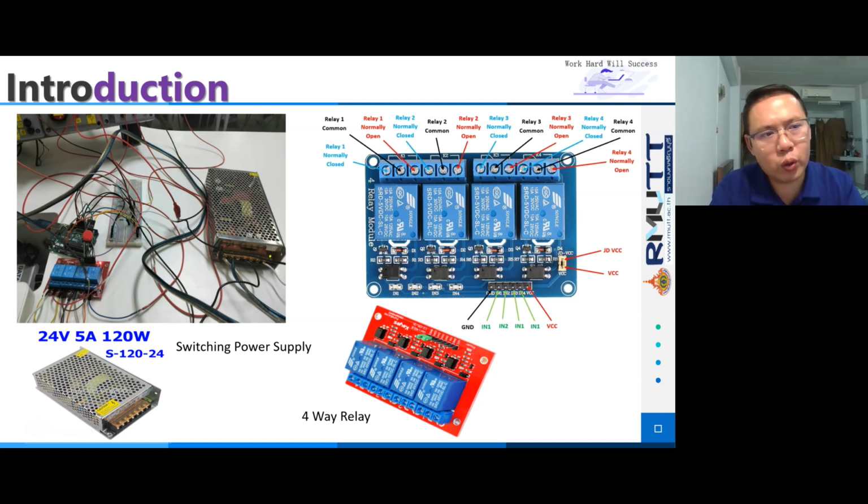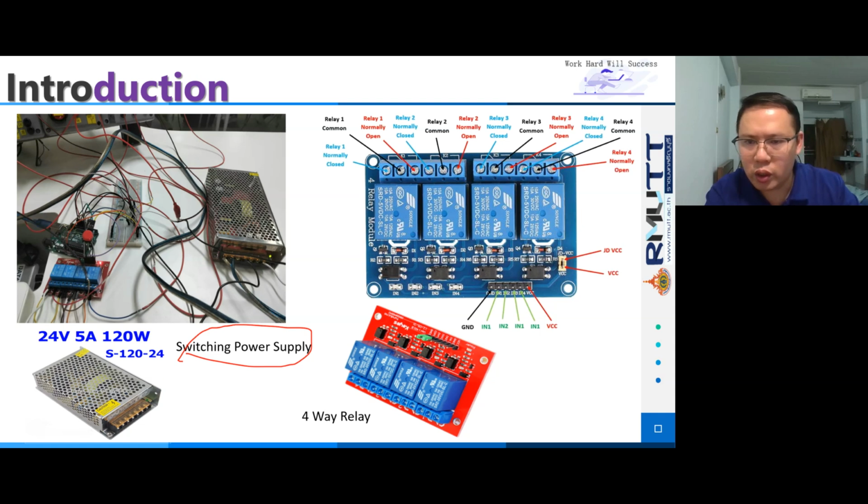Because the Arduino supplies 5 volts power, but the physical pneumatic system is 24 volts, we can use a switching power supply.